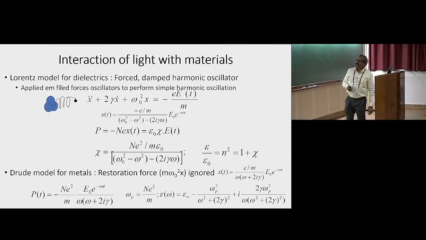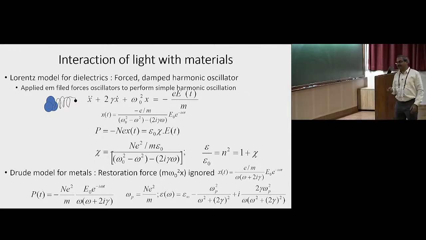Right. Just to start, because the title is light matter interaction, let's start with how light interacts with matter or matter responds to light. So we know that in bulk materials, the Lorentz model for dielectrics and Drude model for metals are used to estimate or to come up with the bulk material parameter epsilon, right?